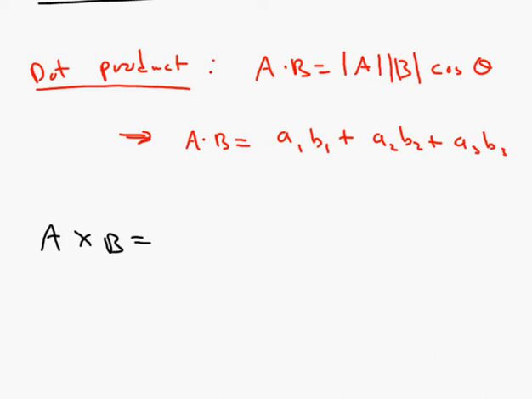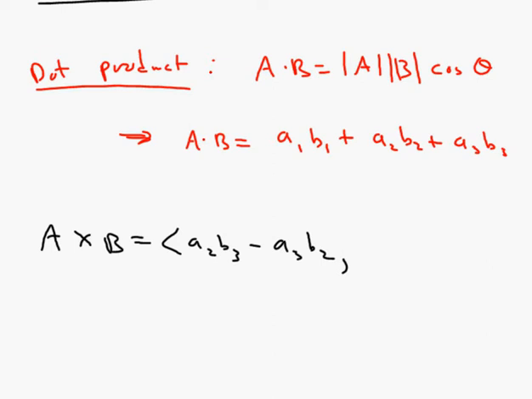Okay, here we go. The first component is A2B3 minus A3B2. And I want you to notice right away that this thing we're writing is not a scalar quantity. The dot product yielded a real number, a product of vectors that gave us back a scalar.